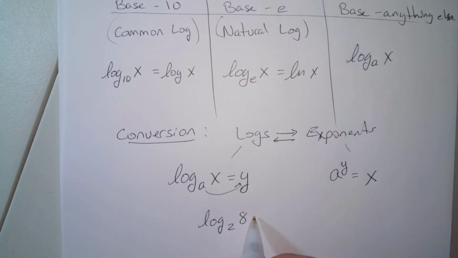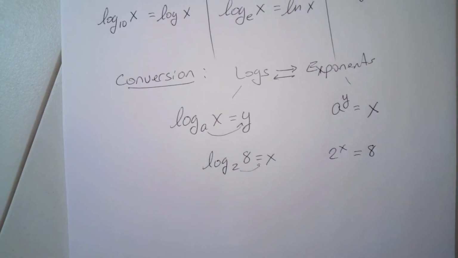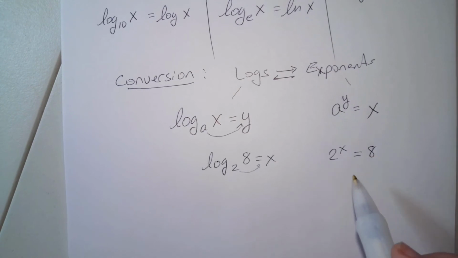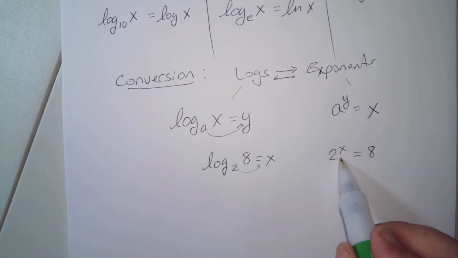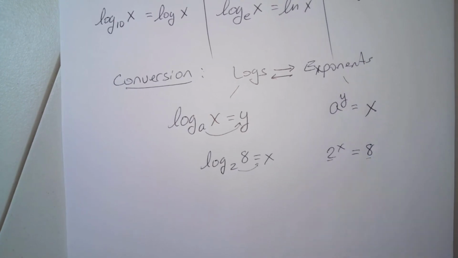Log base 2 of 8 equals x. Converting that, we get 2 to the x equals 8. All right, so now we said let's solve this thing. Whenever you compare these things, you have to make sure you have the same bases.